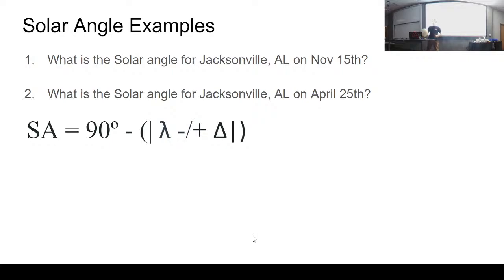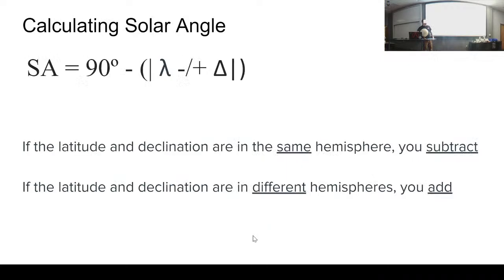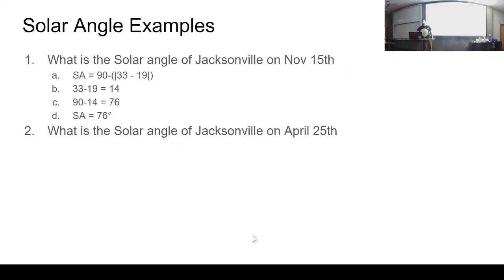So when you set up that equation, you would have your solar angle equals 90 degrees minus, and be sure to put your parentheses and your absolute value, the 34 degrees plus, because we are in a different hemisphere for that one, and then 19 degrees. All right, so I believe it does subtract.